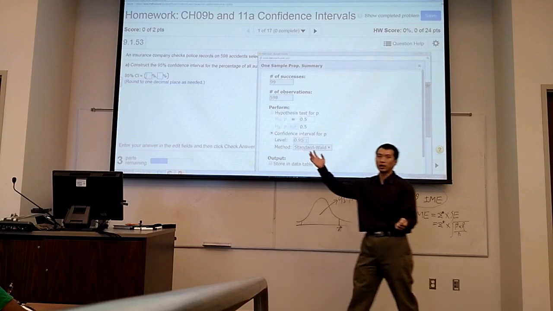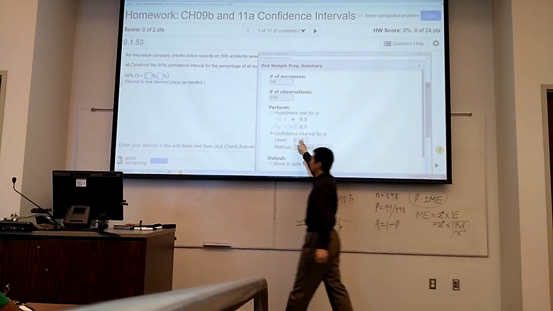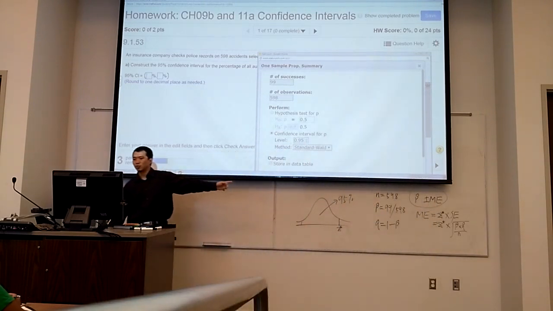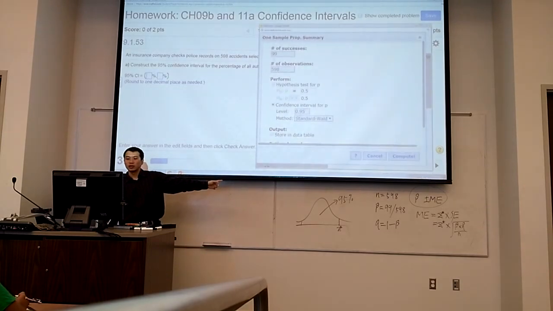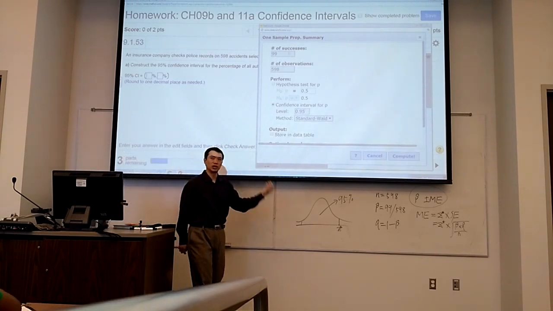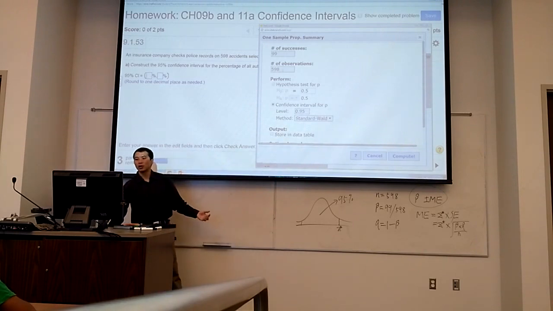So if you want to calculate 98%, you need to change this number. But here we keep the 95%. Three numbers we need to put in there: number of successes, our sample size, and our confidence level.